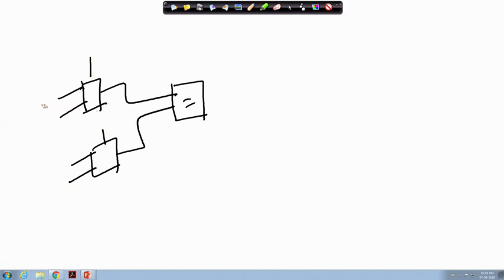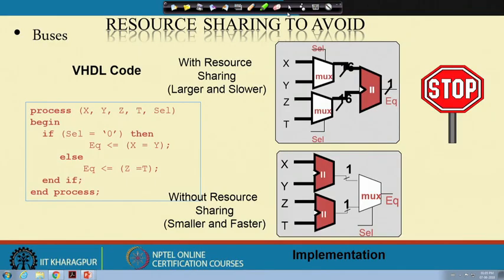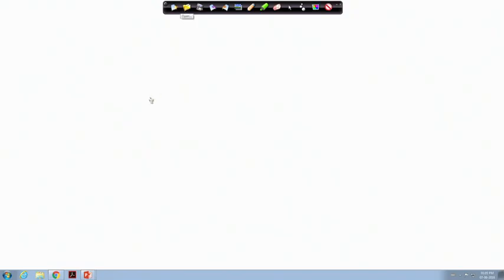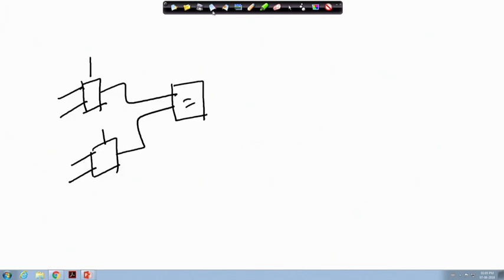Now I have to select which input I have to compare. At the very beginning, it has to be compared with x and y, and next it has to compare with z and t, right. So I need to select.